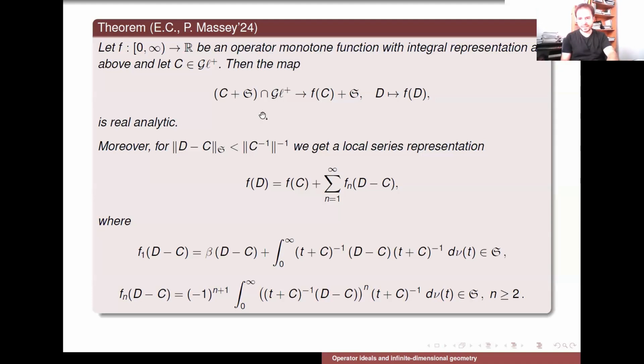For instance, if C is the identity, in that case, we can use results from the analytic functional calculus because this open set is indeed contained in what is called the unitarization of the symmetric norm ideal. So we can use results from analytic functional calculus, but in our case not. So we must go to this integral representation to prove this result.